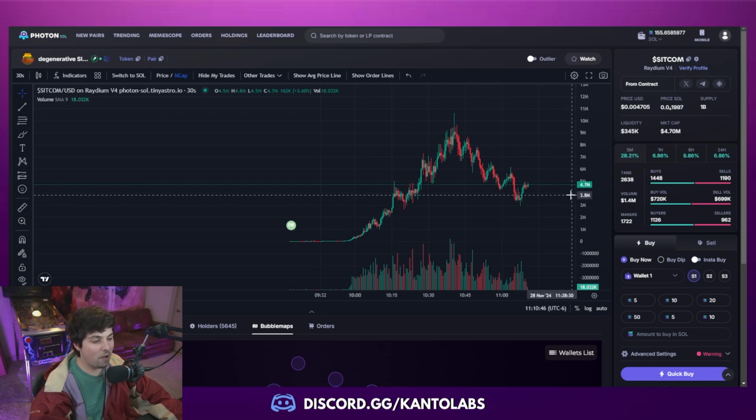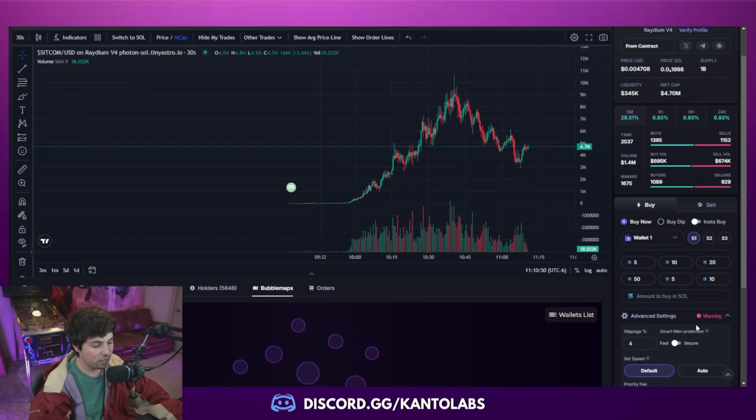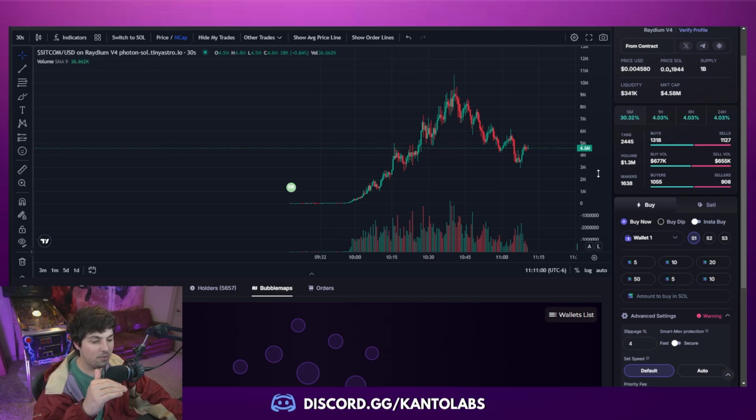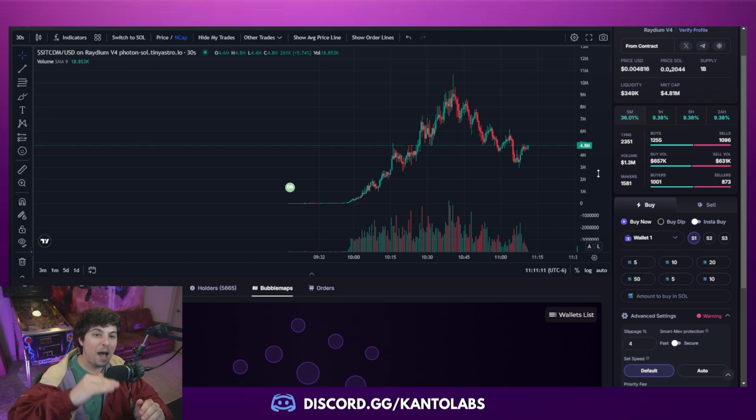If I have Mev Protection and it is currently off, I could, in theory, put through a transaction. Let's say I decide to buy 5 SOL right here at 4.5 million. If there is a Mev bot, which are bots that are programmed to sandwich your transactions, it could front run your transaction and buy 100 SOL worth of this token.